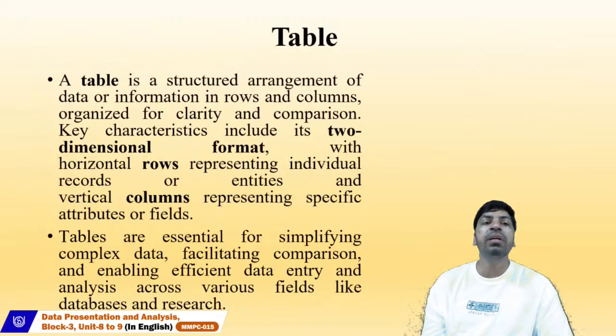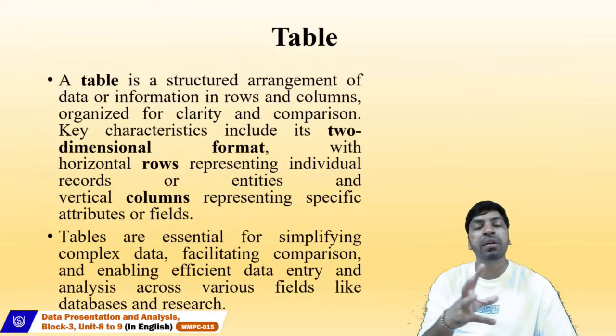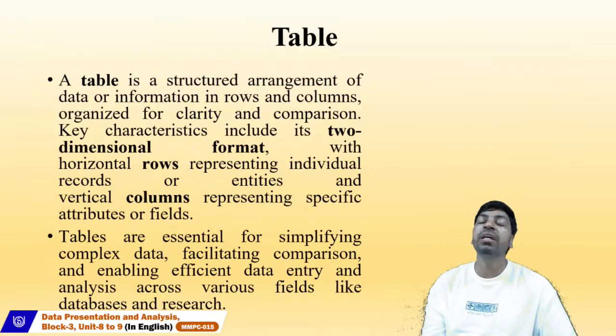Let's talk about the next section, that is the table. So what exactly is a table? A table is a structured arrangement of data or information in rows and columns, which is mainly organized for clarity and for comparison purposes. Key characteristics include its two-dimensional format with horizontal rows and vertical columns.